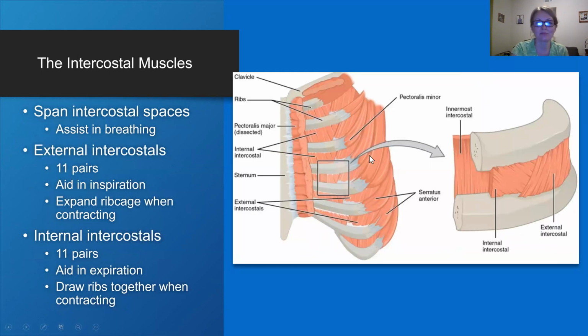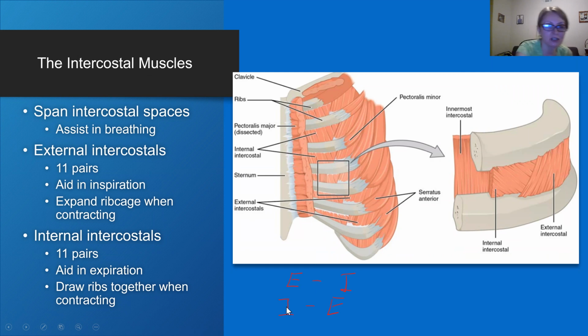We also have muscles between ribs, and ribs in anatomy are called costa. So the muscles are intercostal. We have internal and external intercostal muscles, and they are also involved in breathing. And this is how I remember it. Look, E, I, E. So if it's your external intercostal, then it's for inspiration or inhalation.